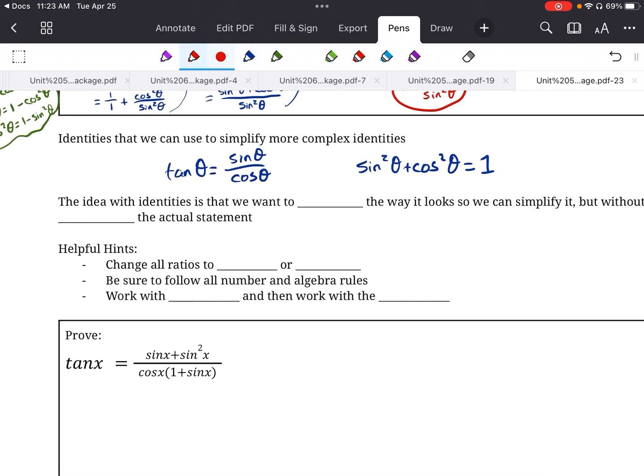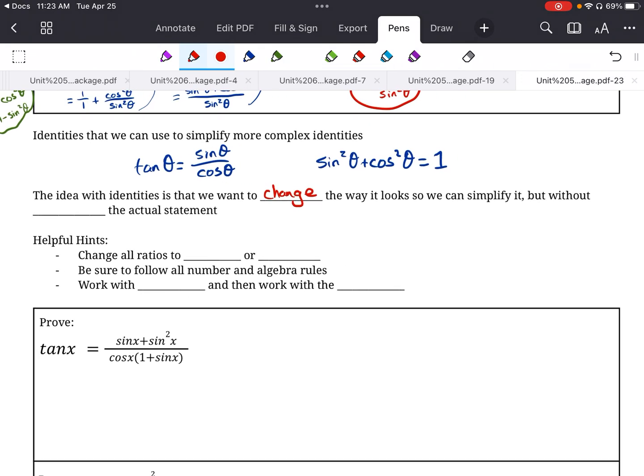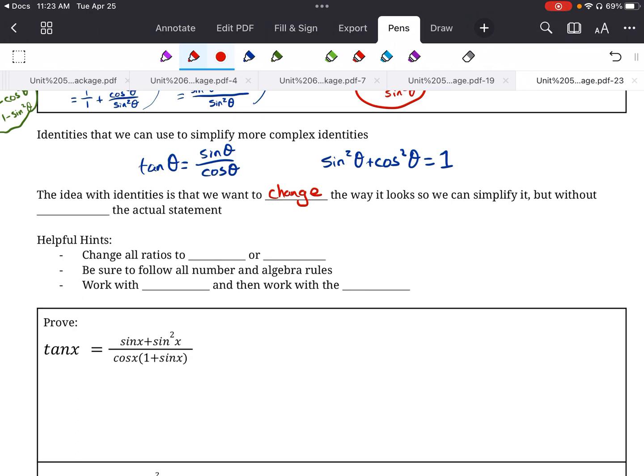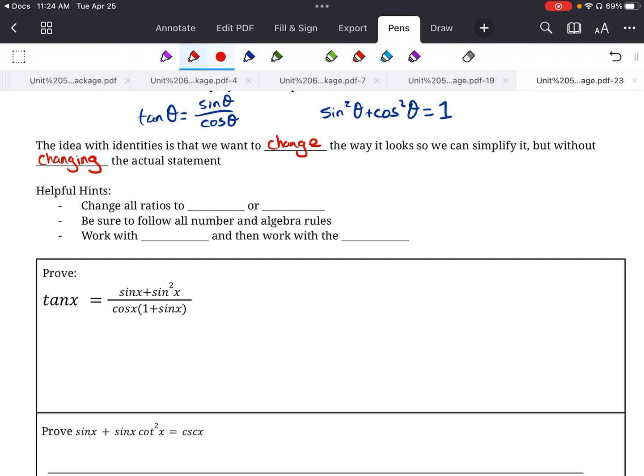The idea with identities is that we want to change the way it looks so we can simplify it, but without changing the actual statement. Okay, so we're changing the way it looks, but not changing the actual math behind it. Helpful hints: change all ratios to sine or cos.